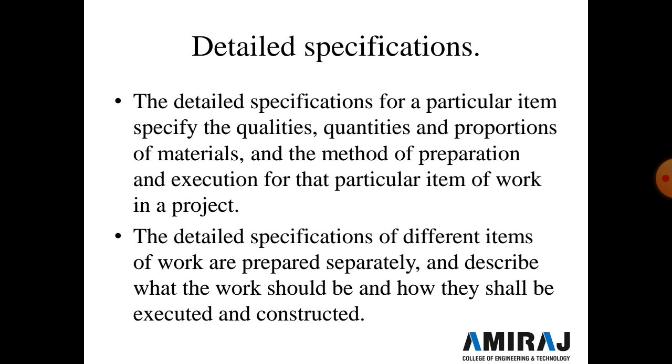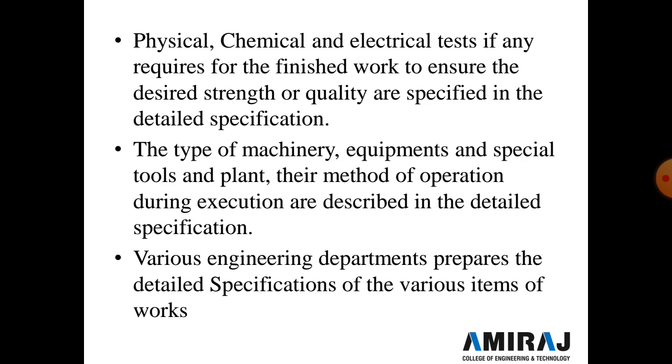The detailed specifications of different items of work are prepared separately and describe what the work should be and how it shall be executed and constructed. And physical, chemical and electrical tests, if any are required for the finished work to ensure that the desired strength and quality, are specified in a detailed specification.